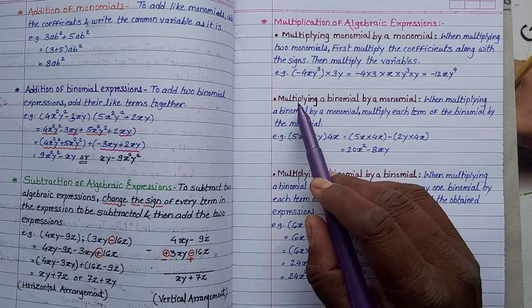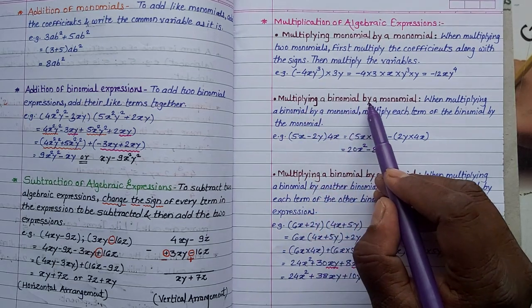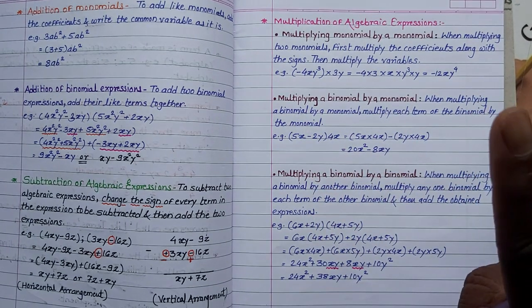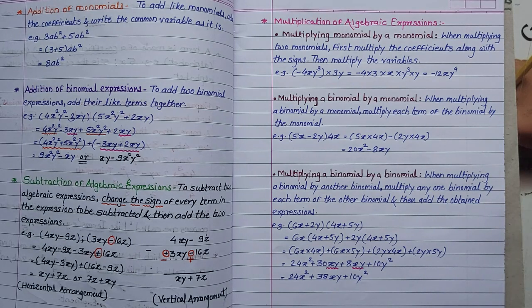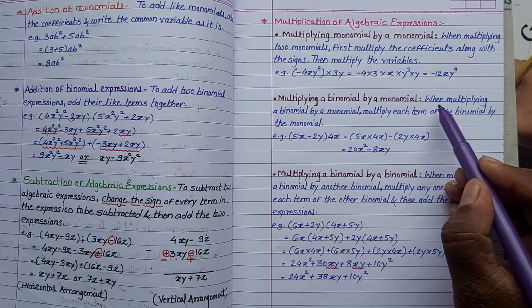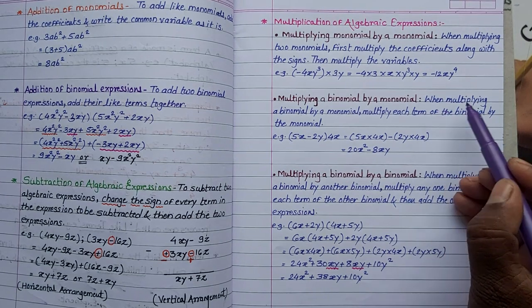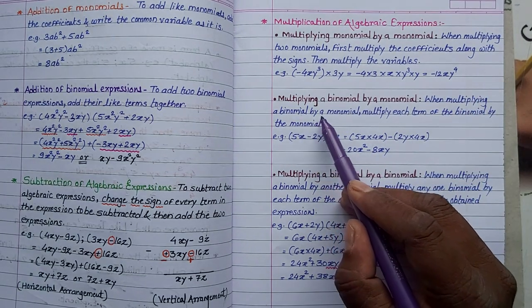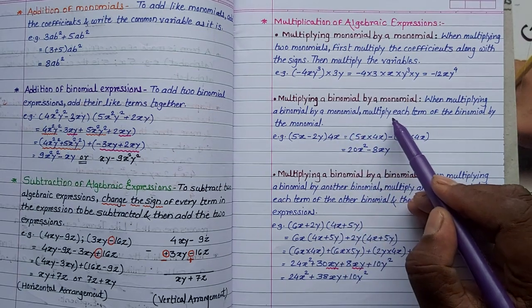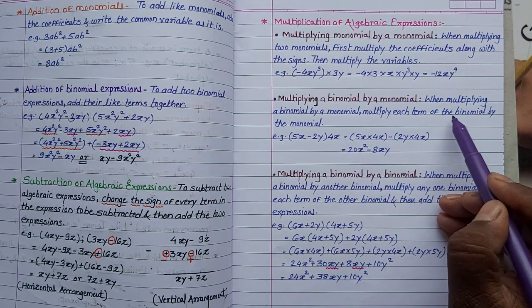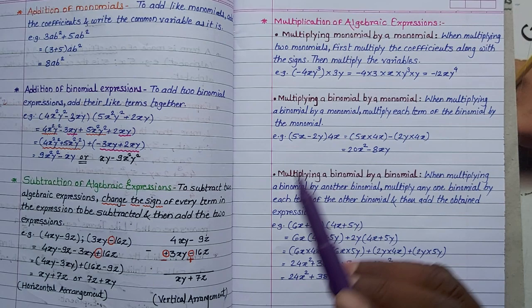Now second, multiplying a binomial by a monomial. When multiplying a binomial by a monomial, multiply each term of the binomial by the monomial.